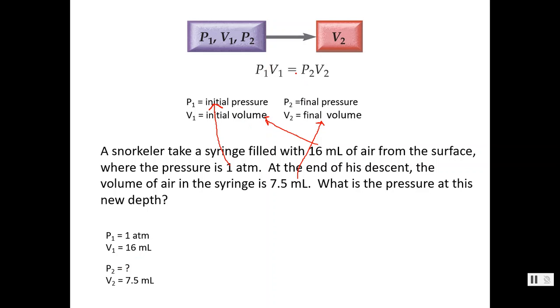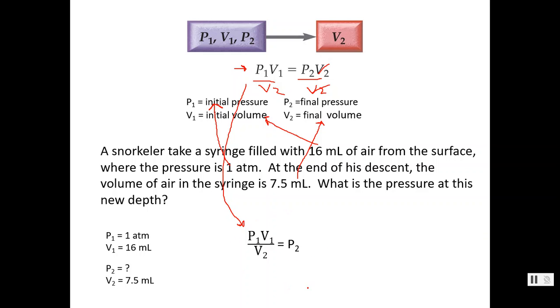And we can do that algebraically by taking this equation up here and dividing both sides by V2. So I've done that up here. When you do that, my V2 units cancel and I am left with this equation down here, which is P1 times V1 divided by V2 is equal to P2.